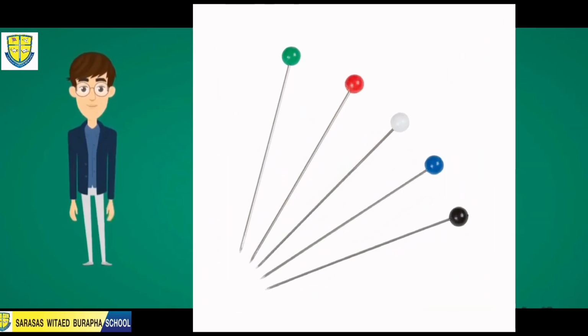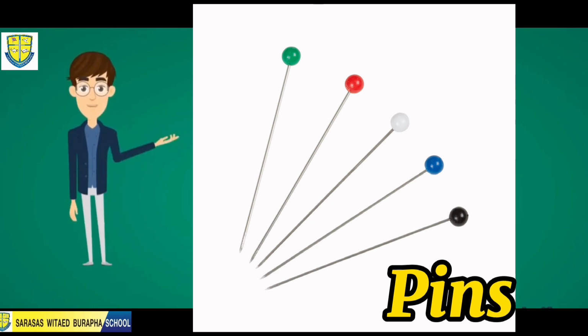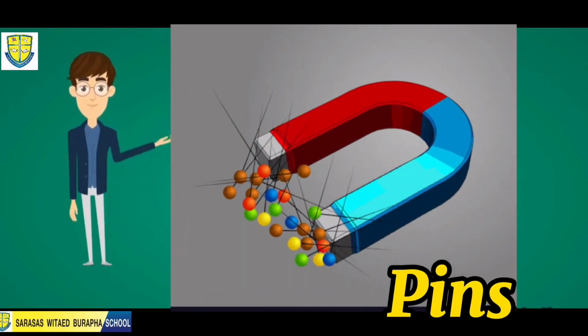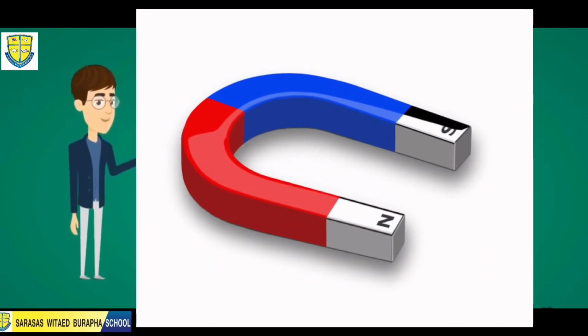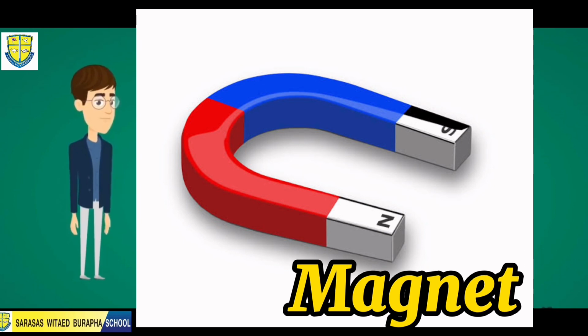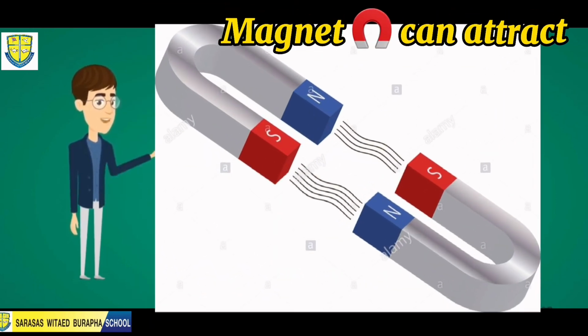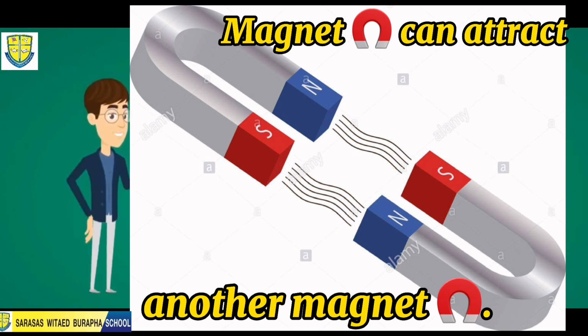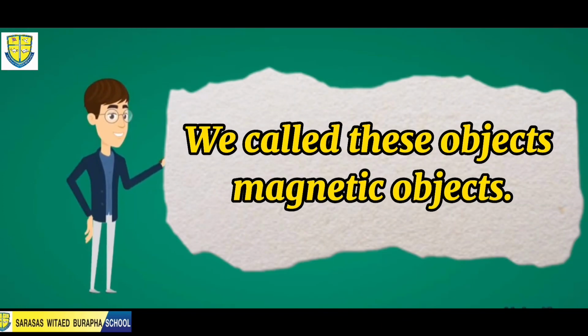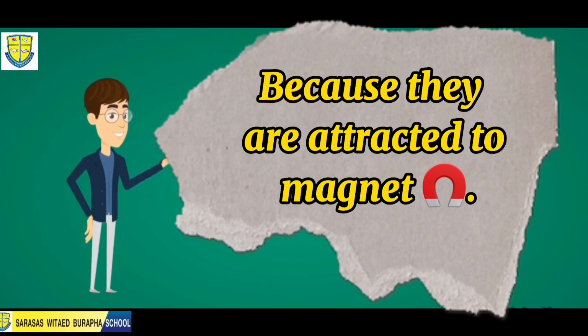Another example is pins. Magnet can attract pins. Our third example is magnet. A magnet can attract another magnet. And we call these objects magnetic objects because they are attracted to magnet.